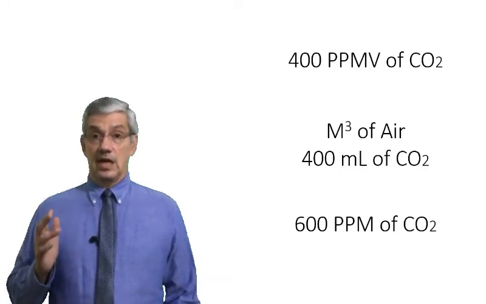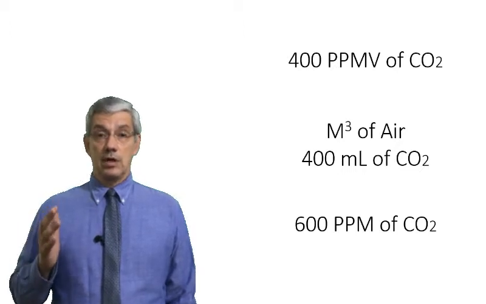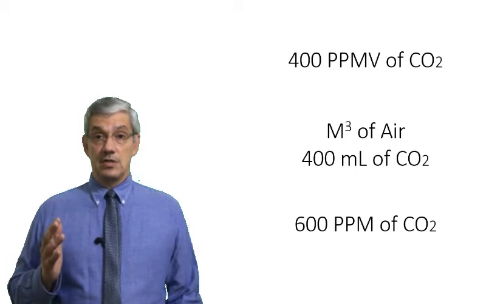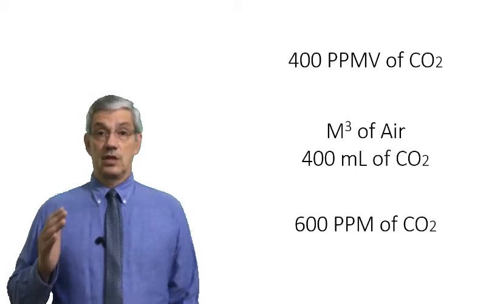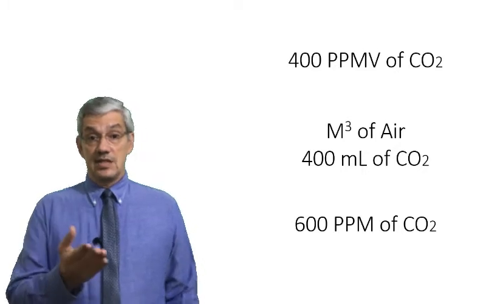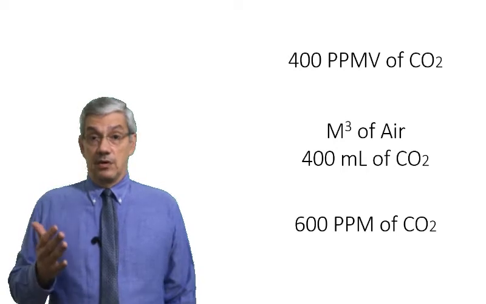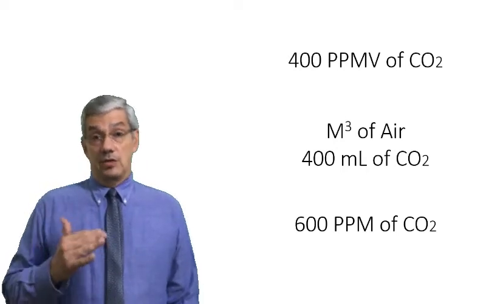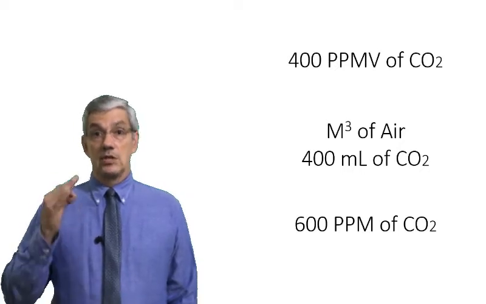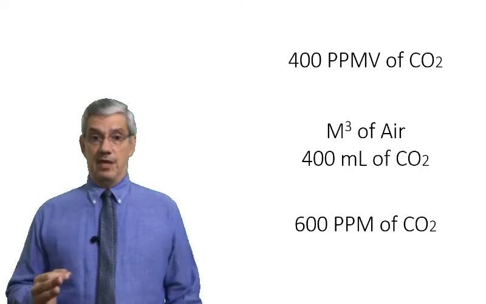Someone who talks about global warming due to the greenhouse effect and does not know the difference between weight fraction and volume fraction, and does not know by heart whether this number 400 or whatever stands for weight fraction or volume fraction, doesn't know what he is talking about. So that's the first thing.